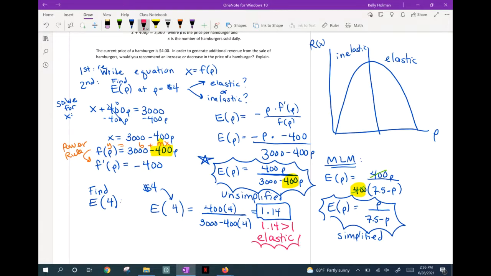And we just figured out it's elastic, so we need to be on the right-hand side. So I need to be over here. Anywhere over here will work. So my price of $4, let's just say it's here, it doesn't matter. Let's go up and put it on the graph.